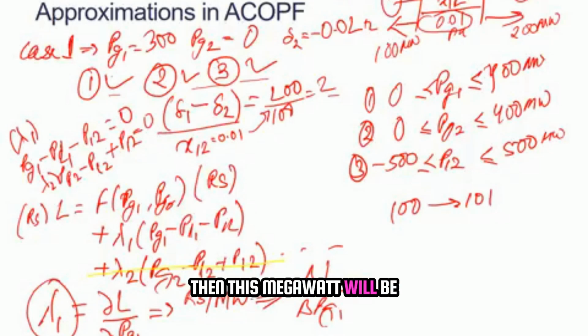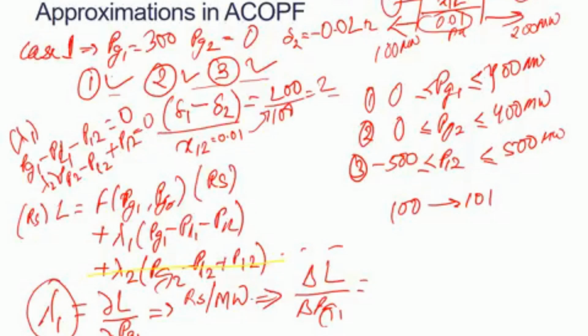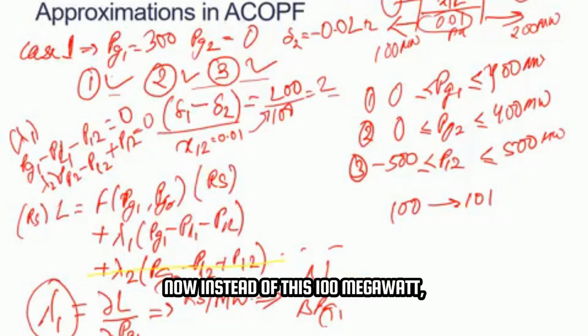Then this megawatt will be generated by which generator? Can you tell me this? Now instead of 100 megawatt, right now the load is 101 megawatt, and at bus 2 it is 200 megawatt.